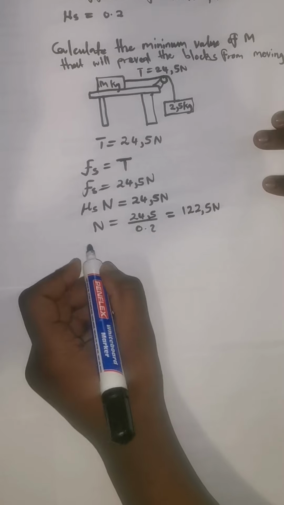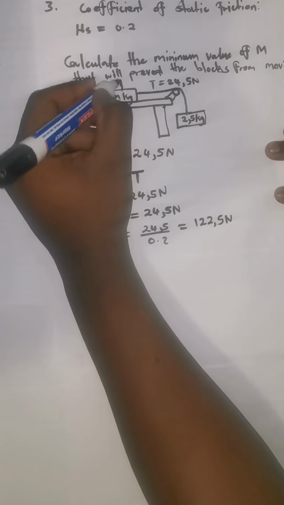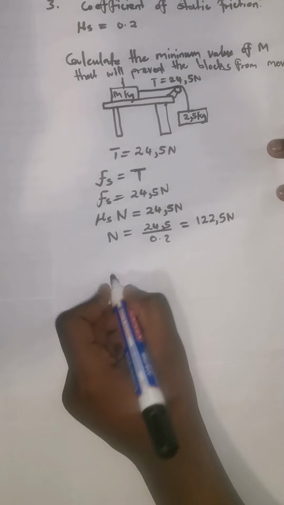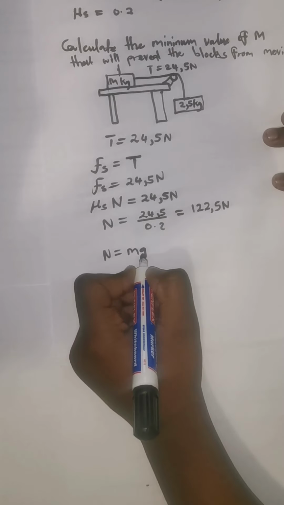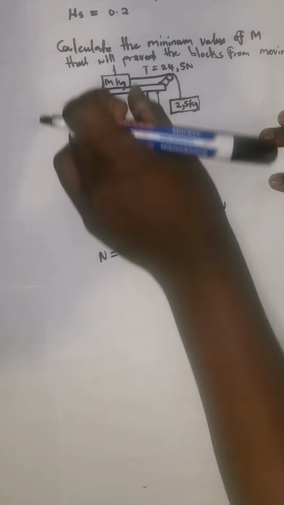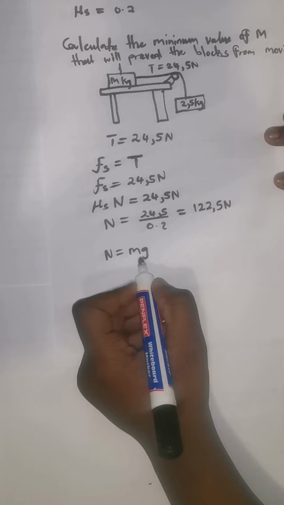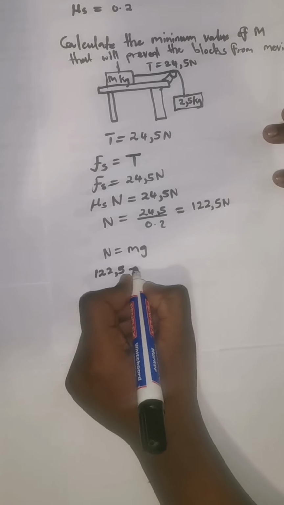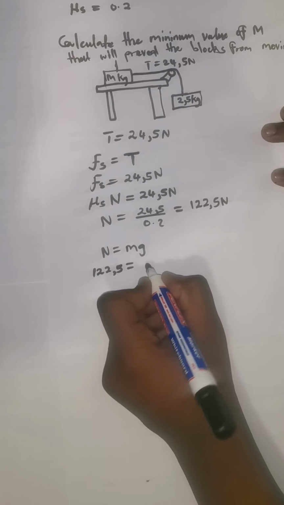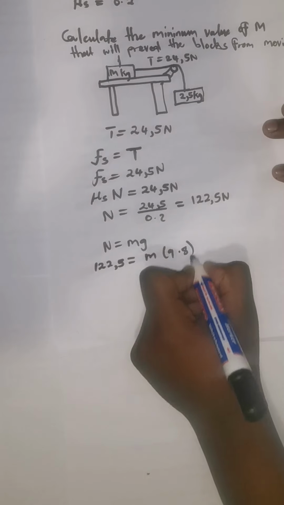And then, as you know, the normal force is a force that acts normal to the block, and the normal is equal to mg. Remember, we're considering this block right here because this is where the static friction occurs. And then we're going to substitute in the value of the normal, and m is what we're looking for, right?